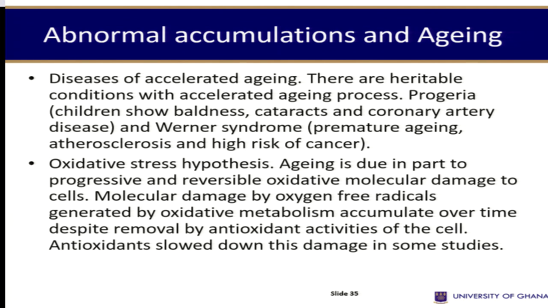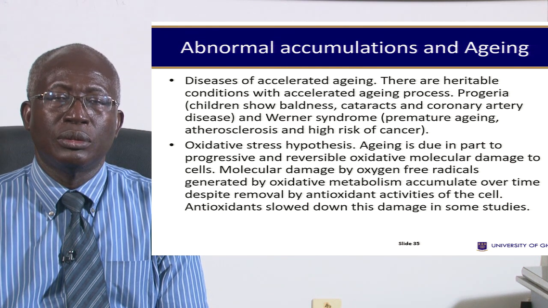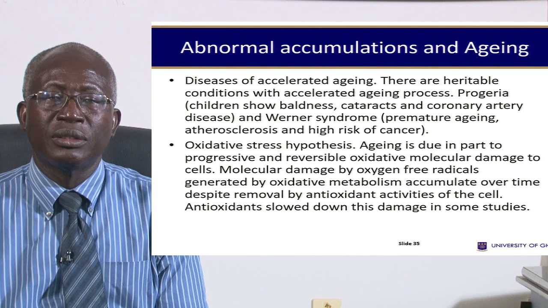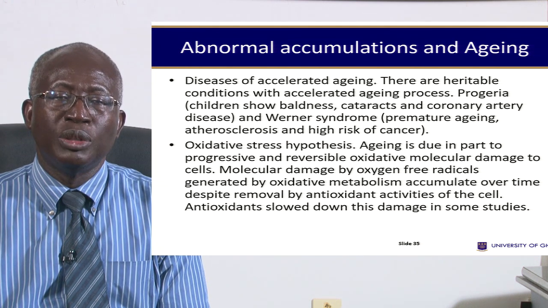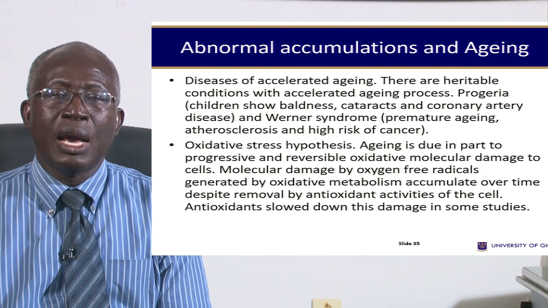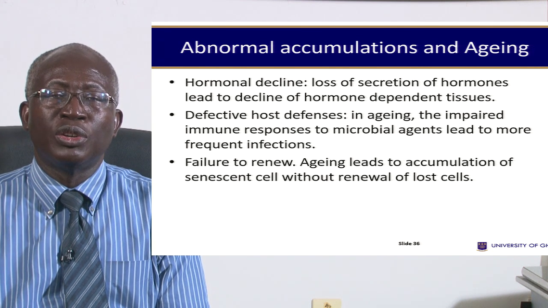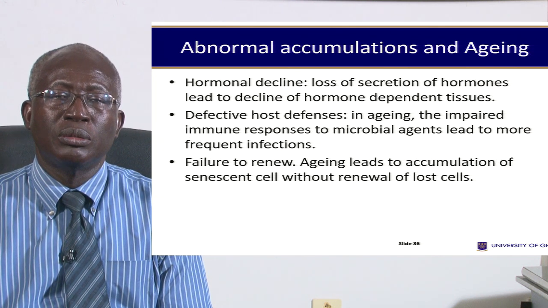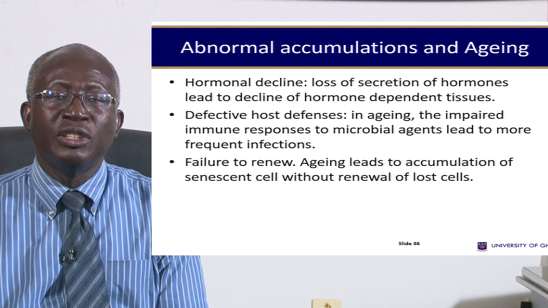Then there is the oxidative stress hypothesis, which says aging is due in part to progressive and reversible oxidative molecular damage to cells. So it is the molecular changes due to oxygen-free radicals that are generated during metabolism that account for aging. There are supports for all these theories in various experimental models, but none of them totally explains aging.